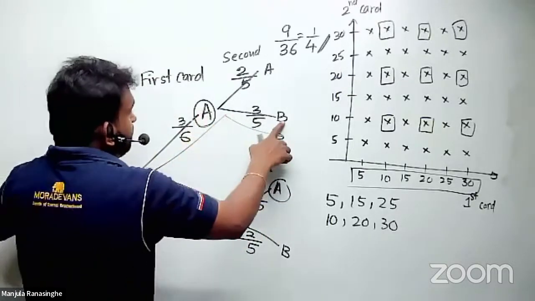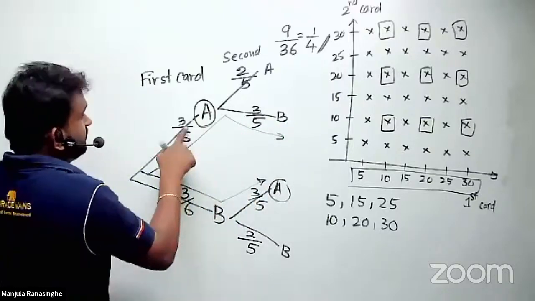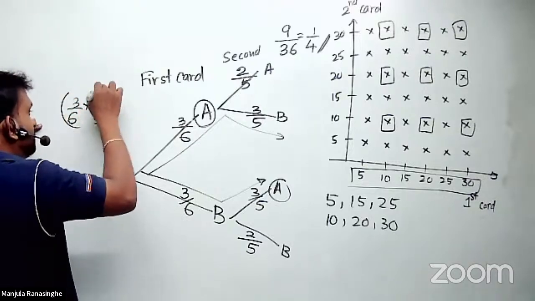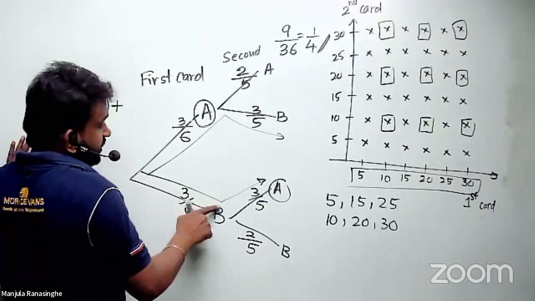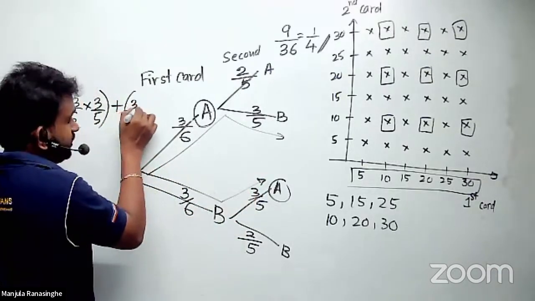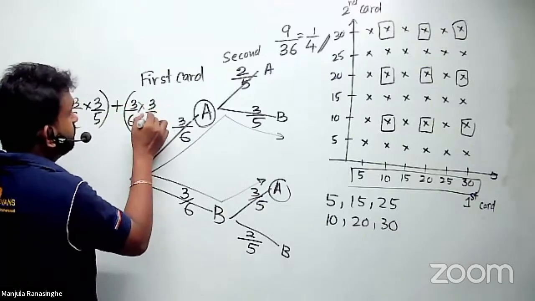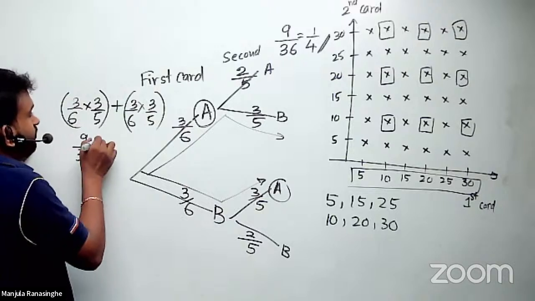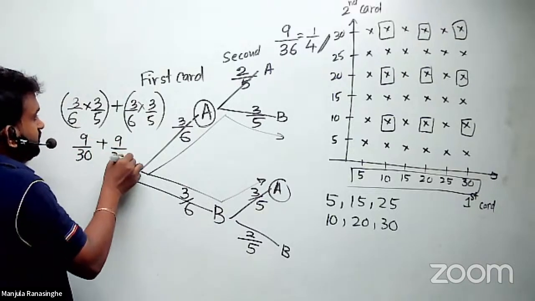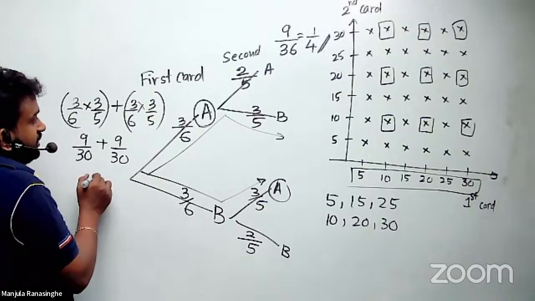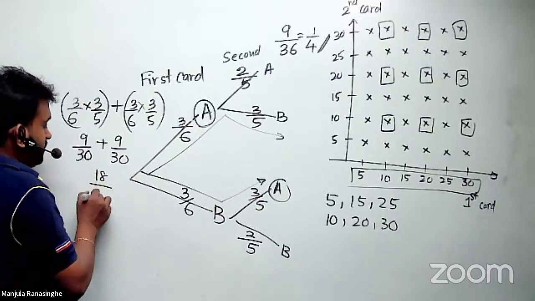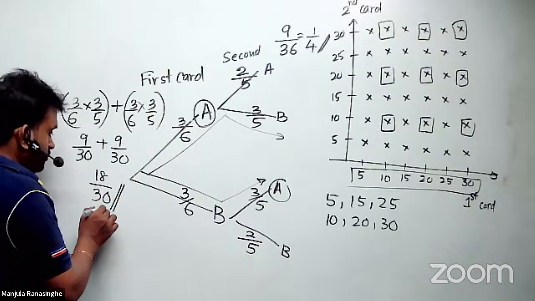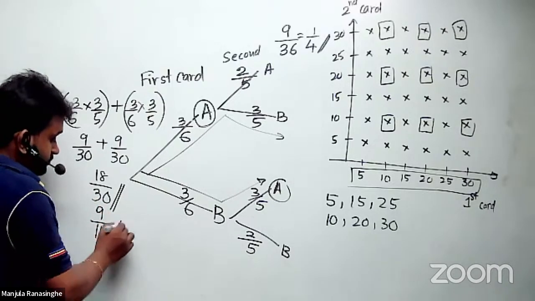So what is the probability of AB? That is 3/6 into 3/5, plus the probability of BA, 3/6 into 3/5. So the answer is 9 upon 30 plus 9 upon 30, that is 18 upon 30. You can simplify by 2, 9 upon 15.